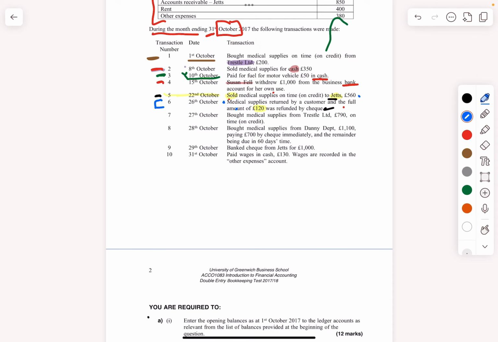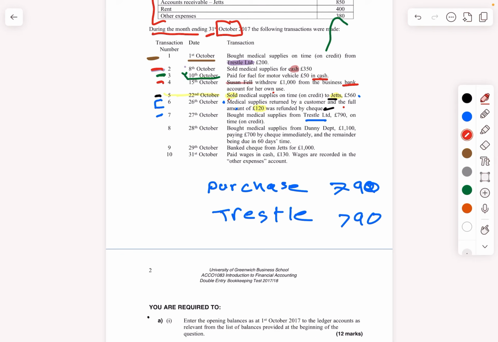Next, number 7, bought medical supplies from Treasures, 790. Bought means we purchased.